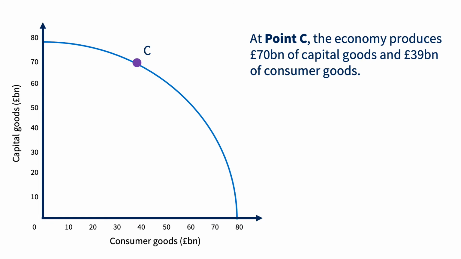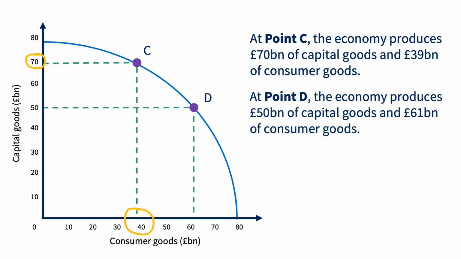Let's look at some different combinations of products. At point C, the economy produces £70 billion of capital goods and £39 billion of consumer goods. How do we work out the level of production of capital goods and consumer goods at point C? Well, starting with capital goods, which are on the vertical axis, we draw a dotted line across from point C to the point at which it meets the vertical axis, which is at £70 billion. Repeating the same for consumer goods, we see that £39 billion is produced.